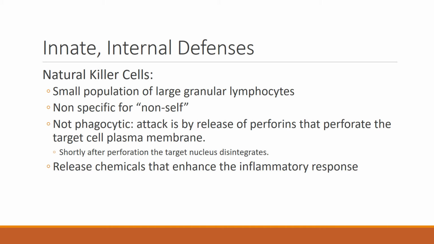There are two main types of targets these cells are looking for: the first are virus-infected cells, and the second, cancer-infected cells. They attack and kill these target cells directly after they bind to them, so no phagocytosis with these types of cells.